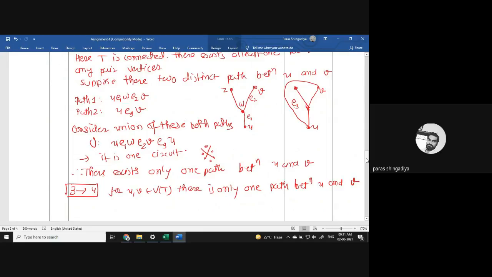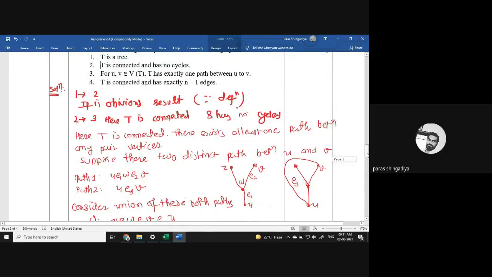There is only one path between U and V, meaning there exists one path between any two vertices. So based on that result we can say T is a connected graph. Okay, तो first case complete हो गए. First result is done. T is connected.